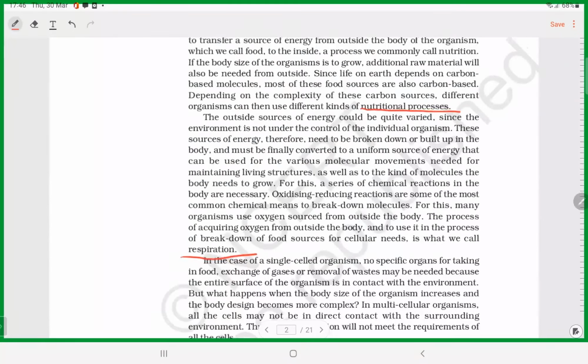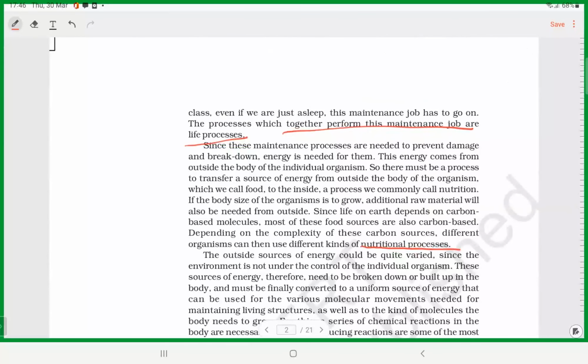What is nutrition? In simple terms, how can you define nutrition? Production and supply of food, either supply of food or production of food to the living system.